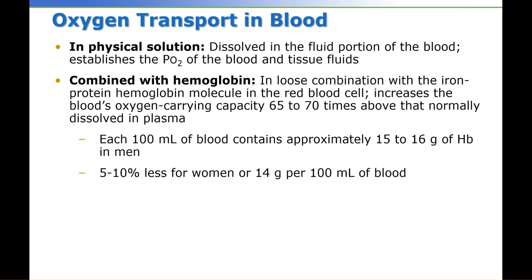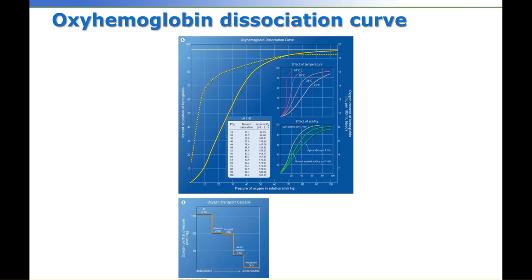So it increases blood's oxygen carrying capacity to 60 to 75 times above that normally dissolved in plasma. Each 100 milliliters of blood contains approximately 15 to 16 grams of hemoglobin in men. 5 to 10% less for women, or 14 grams per 100 milliliters of blood.